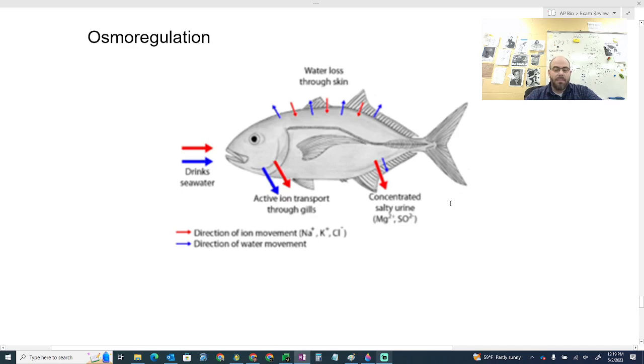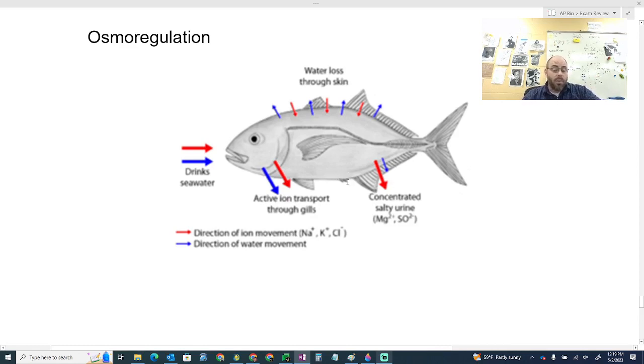And this has a big deal on osmoregulation, which is the regulation of the amount of water in an organism. Organisms are constantly trying to maintain the amount of water in themselves, keeping that at normal homeostatic levels, and so they have to manipulate the amount of solute in their bodies and the amount of water in their bodies.